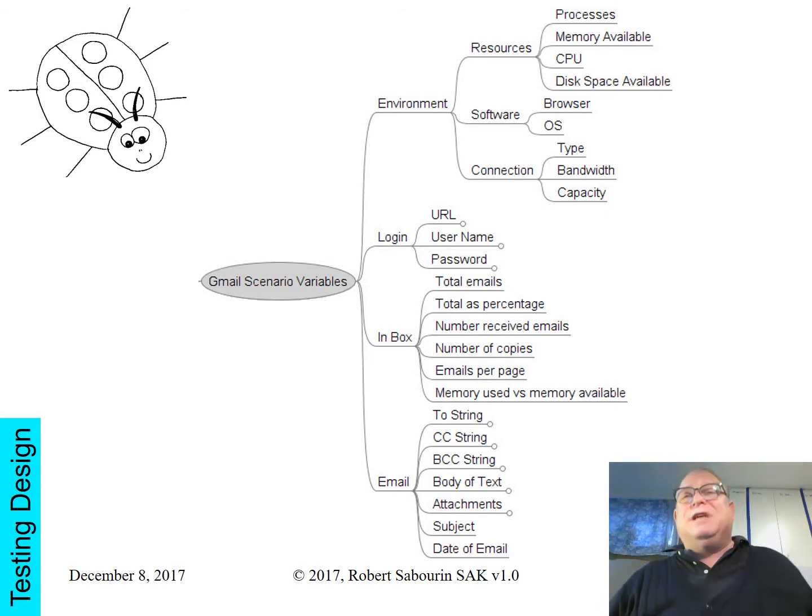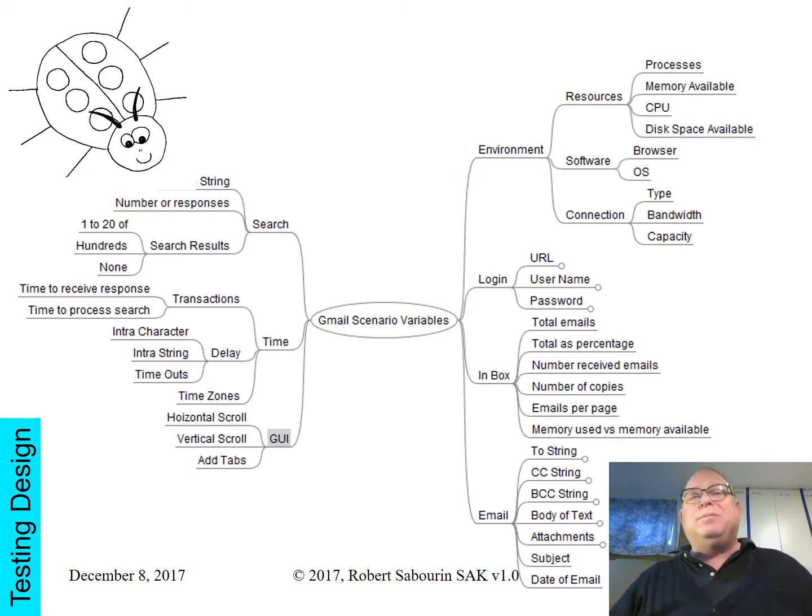So these are all different types of variables that influence or are influenced by the behavior of the system under test. Related, of course, to the scope of our testing. So this is a sort of broader picture of Gmail variables. So the map is a visualization of them.